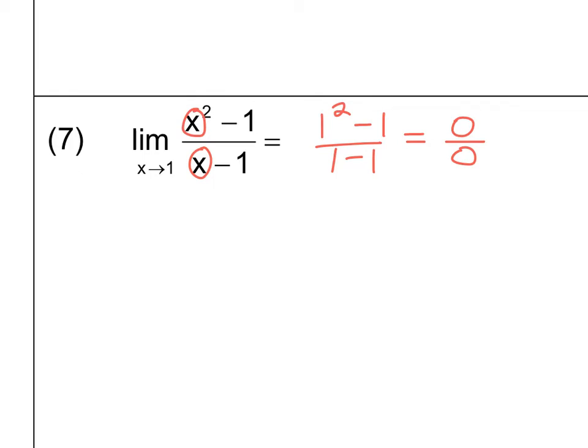All right, so let's do some algebra. Things to keep in mind: whatever you're presented with, you might want to consider undoing that. So if it's in factored form, distribute it out. If it's in distributed form, factor it out. See what's going on. In this case, the numerator is very factorable.